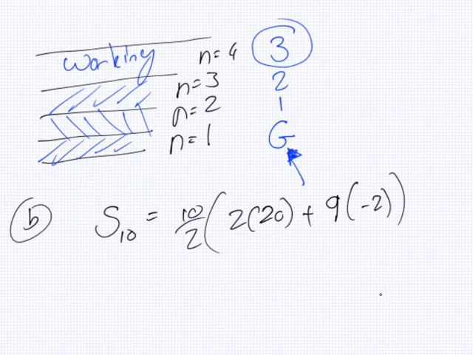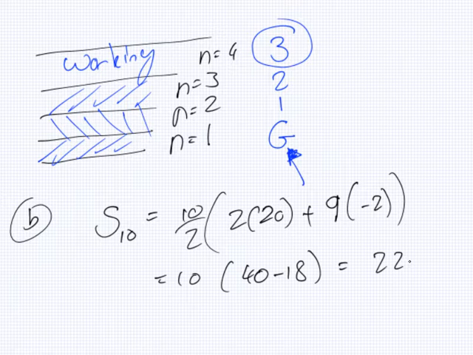Minus 2. Okay, so what's that? That's 5 times 40 minus 18, isn't it? Is that 220 days? Oh, sorry, this is a 5. 110. 110 days? Yes.